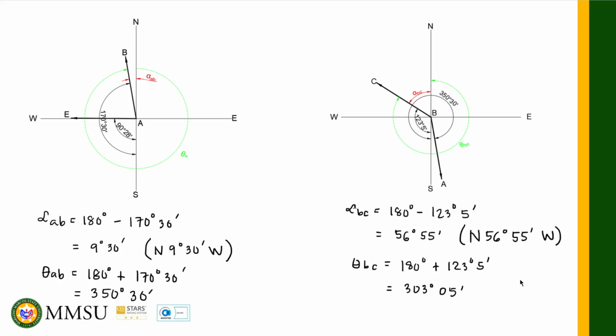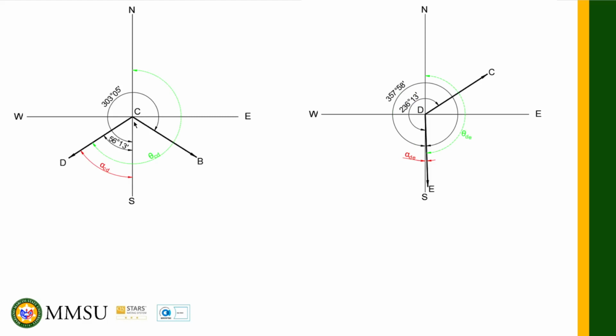Okay, so next let us go to point C. Okay, this is point C. We're concerned actually with line CD. The azimuth of CD from the south is given here. So basically the same principle applies. The bearing alpha CD, this one, is actually equal to the given azimuth from the south.